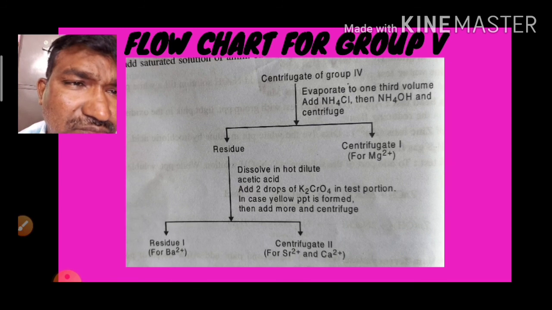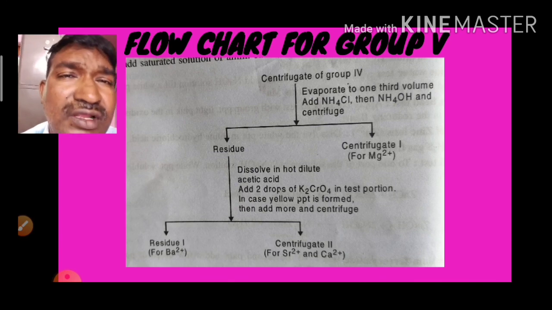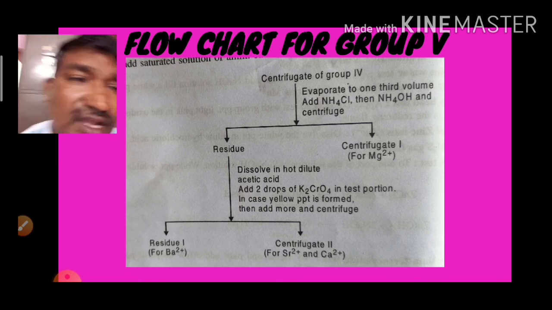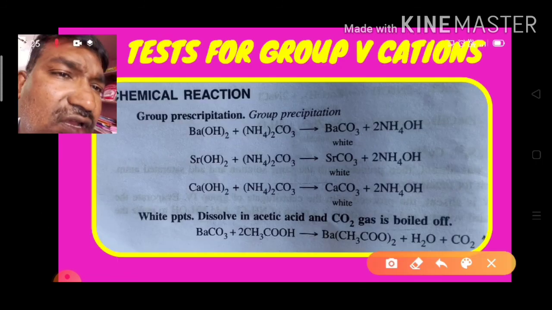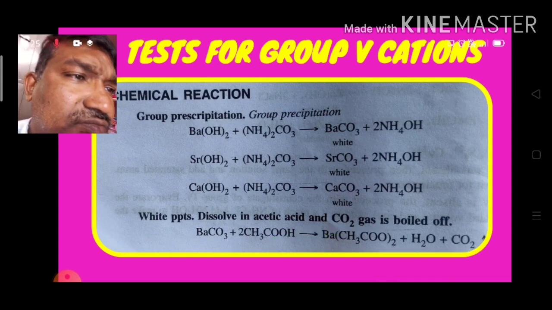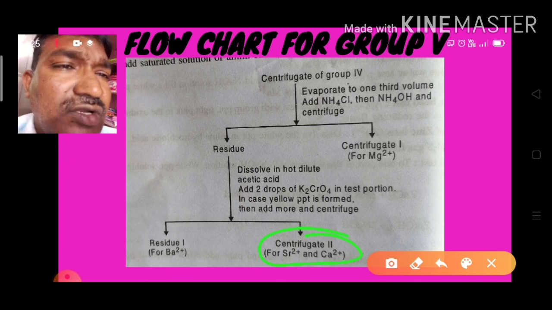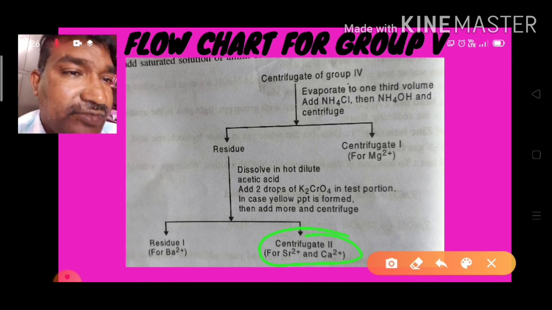If we get yellow color precipitate, then we have to think that the given salt mixture contains barium ions in it, whereas the strontium and calcium ions do not form precipitate with the chromates.